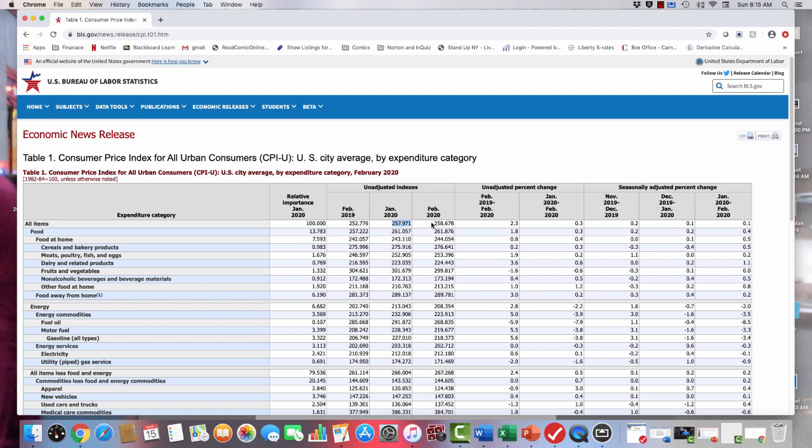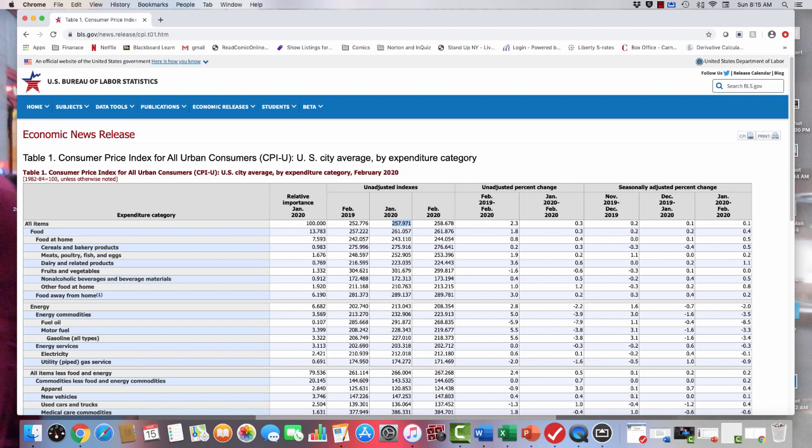I know that because the number in February, this number here, is bigger than this number right here. So what the CPI tells us is, first of all, are prices higher than they were before? If the number from one month to the next goes up, then we have inflation. Now sometimes the number goes down, and if the number goes down, we have what's called deflation.